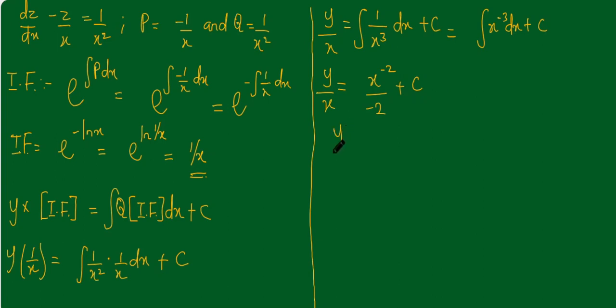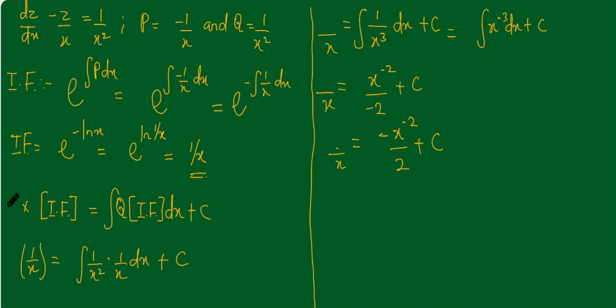Our y over x is now equal to minus x raised to power minus 2 divided by 2 plus c. So I just realized that our solution should be in terms of z, not y yet. So we are going to make an adjustment to that. So everywhere where there's y here becomes z. Sorry about the confusion. So we can now rewrite it in terms of z.